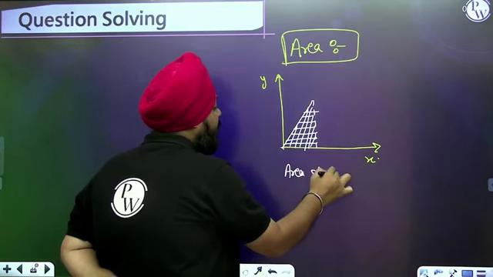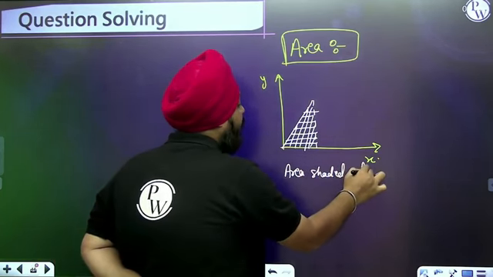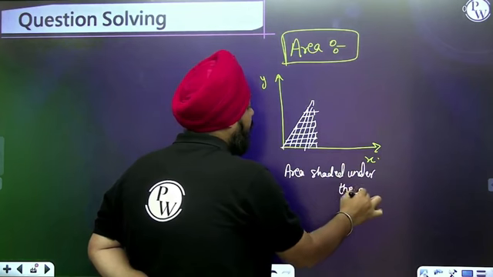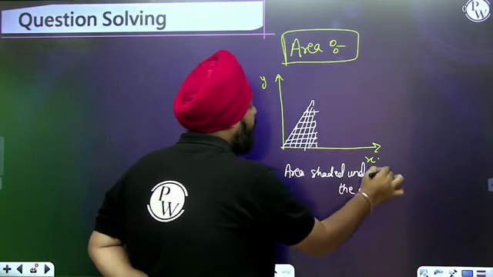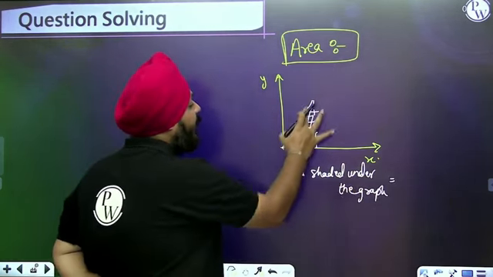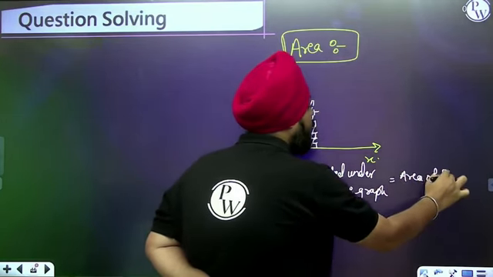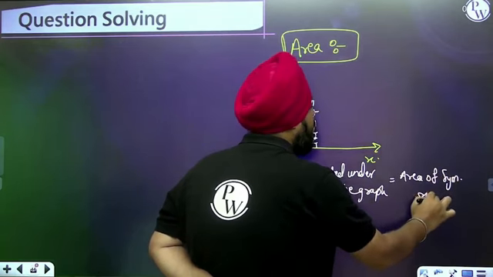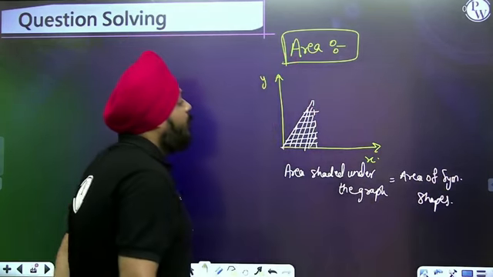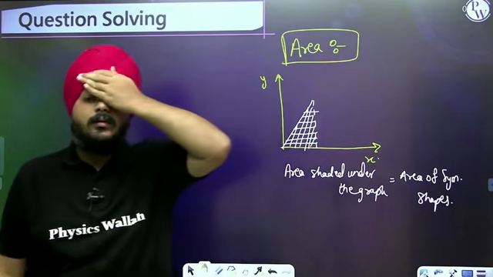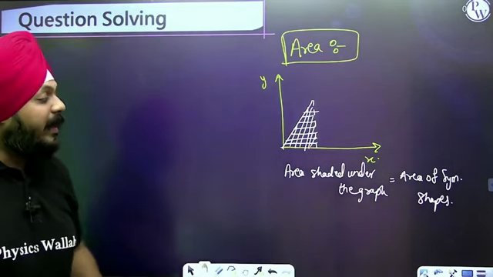The area shaded under the graph will be equivalent to the area of the symmetric shapes. Here a rectangle may appear, a triangle may appear, anything may appear.